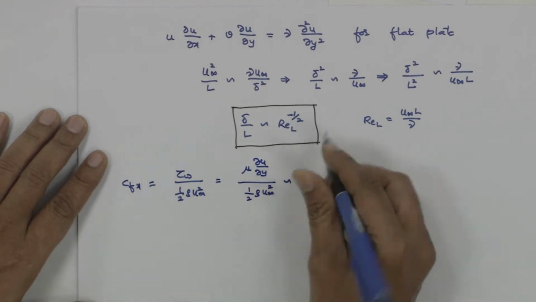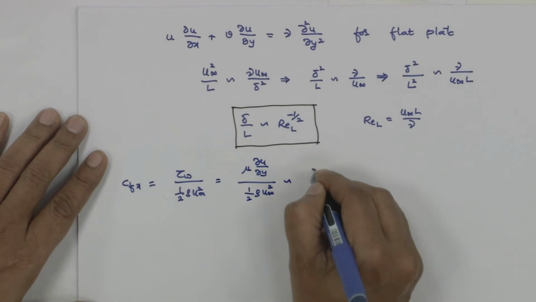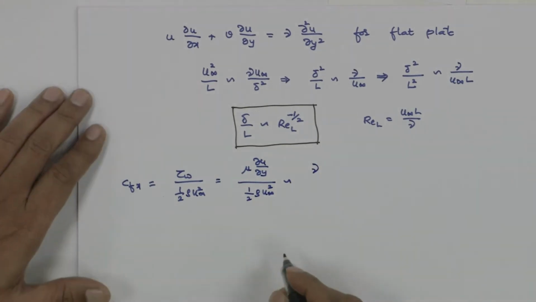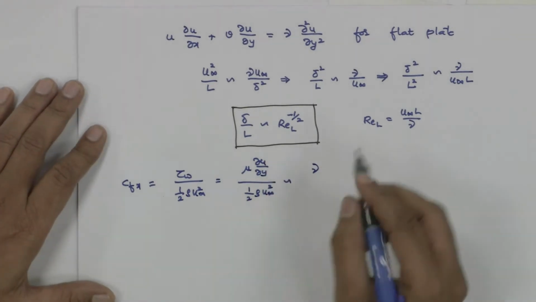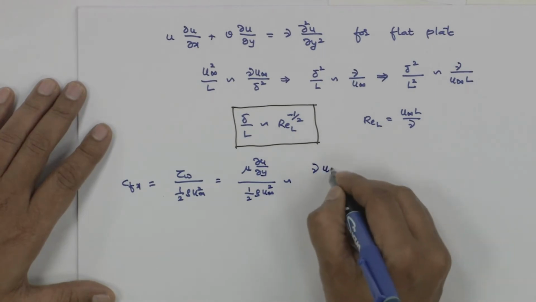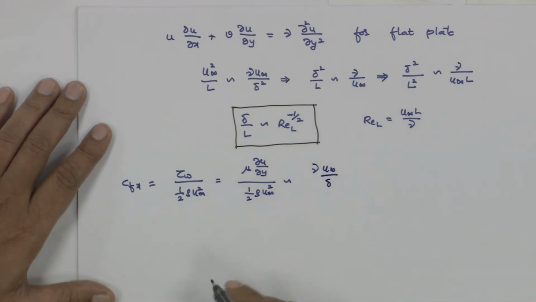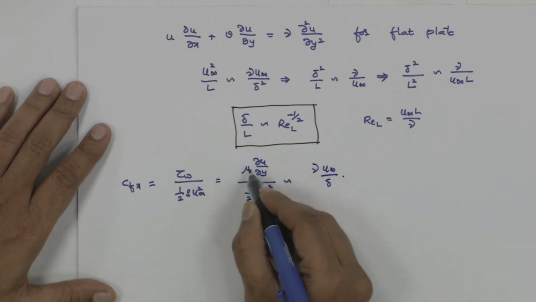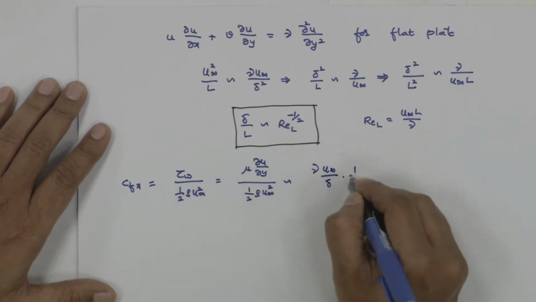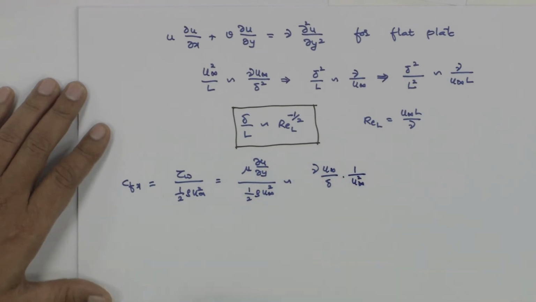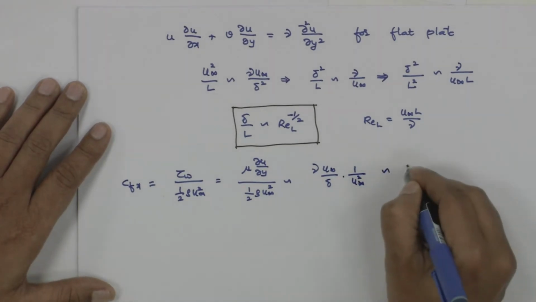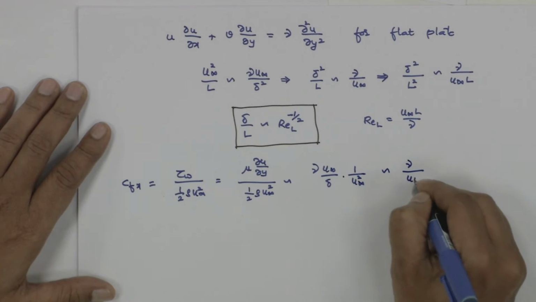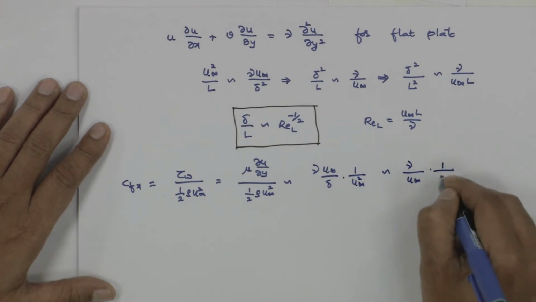This is of the scales: mu by rho is nu, and del u by del y is u infinity upon delta, and u infinity squared will be u infinity squared. So you get nu upon u infinity into 1 by delta.